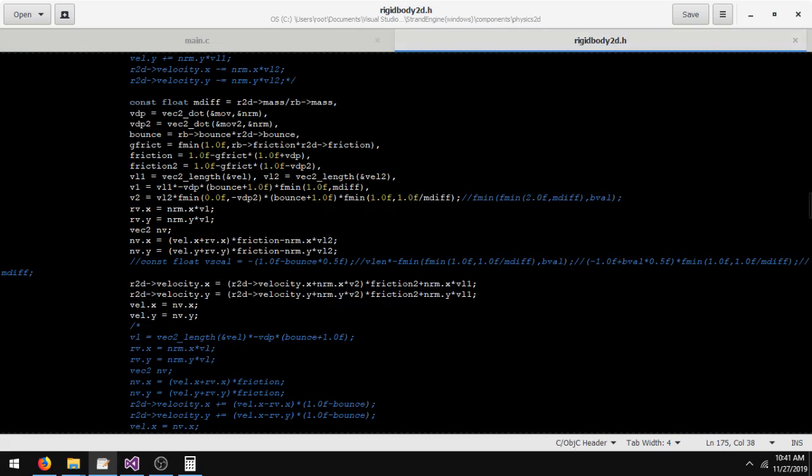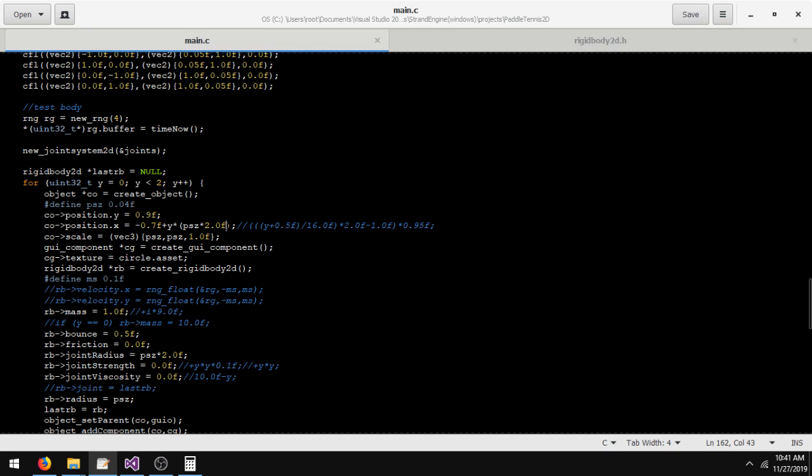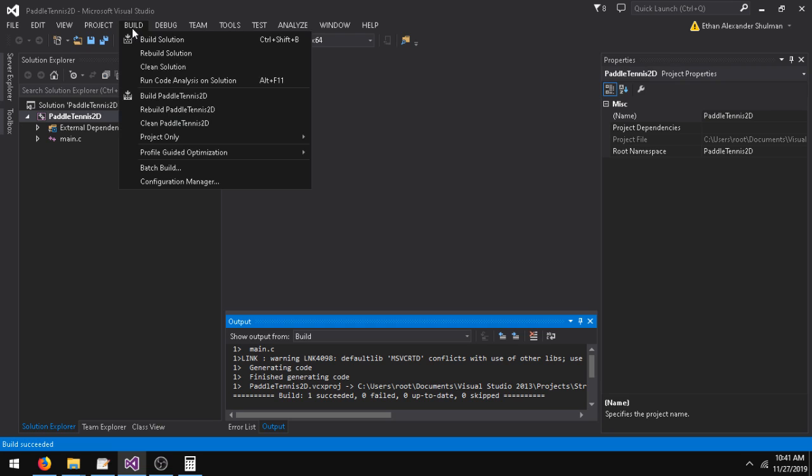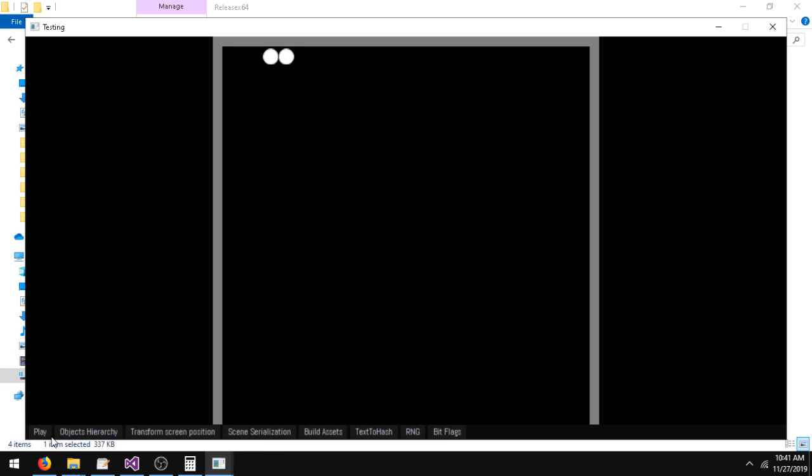No. Wait, what? Are they starting off colliding with each other? Holy shit, they get stuck to each other.